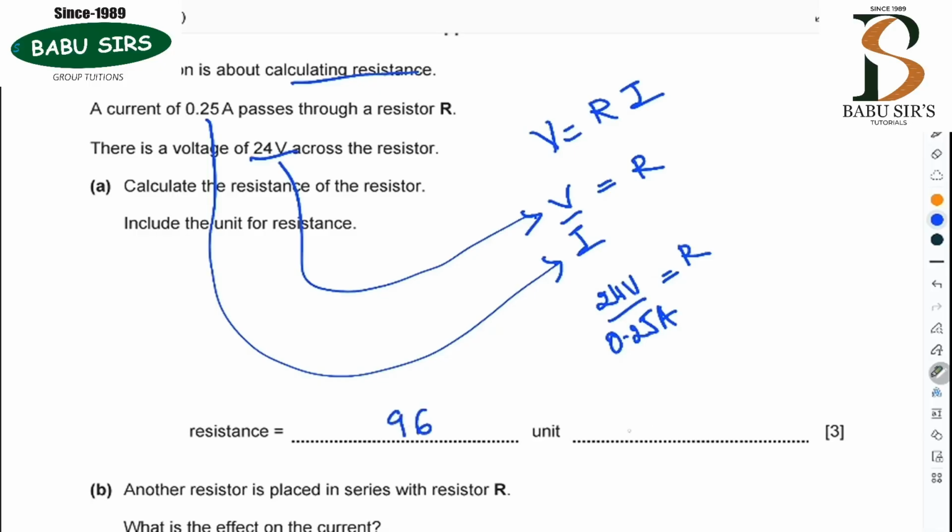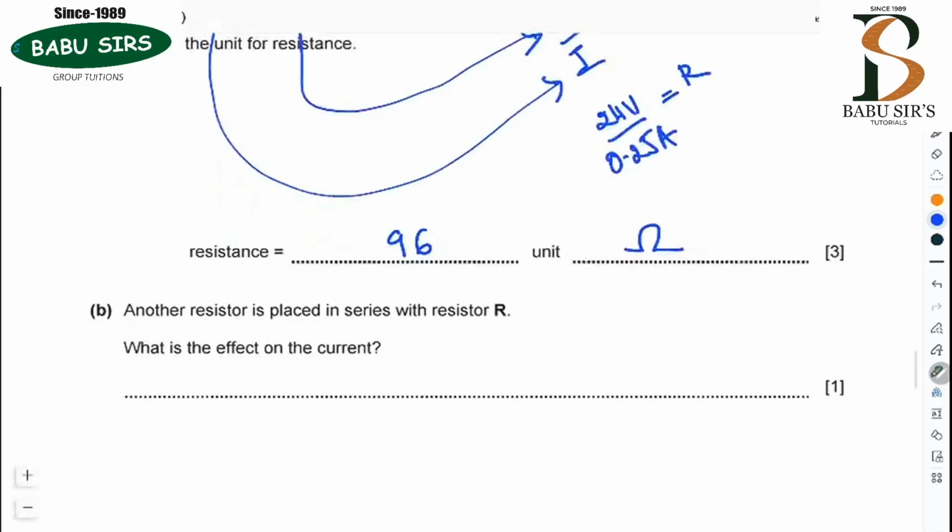And the unit here is ohms. Ohms is the unit of resistance. Now another resistance is placed in series. Whenever you place one more resistance in series, what will happen? The current is divided. So because of that, the current decreases.